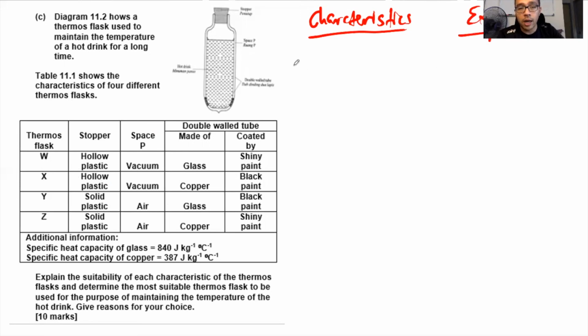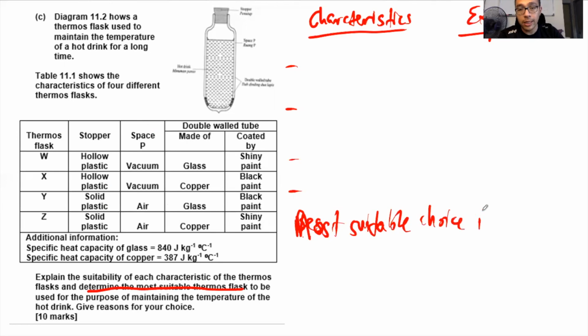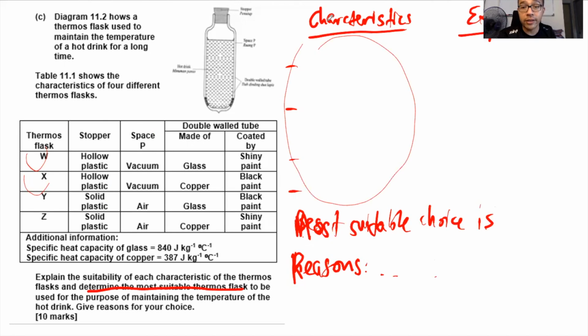Then the first one, the second one, the third one, the fourth one, and the final one is: determine the most suitable choice. Is it W, X, Y, or Z? Then after that you give me the reason, which is just because all the characteristics are there.